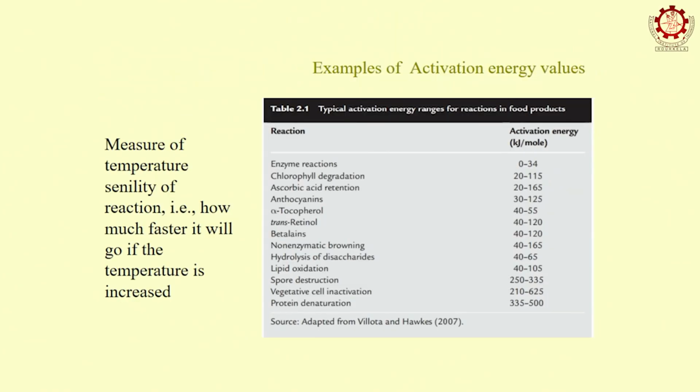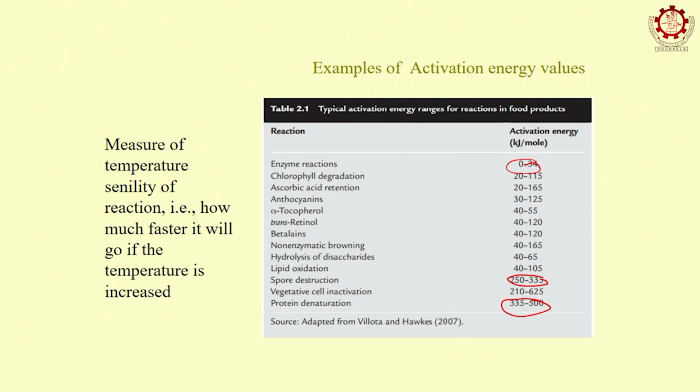Here the activation energy values for different reactions are given. If you look here, protein denaturation is 350 to 500, spore destruction is 250 to 335, whereas enzyme reactions are 0 to 34 and so on.